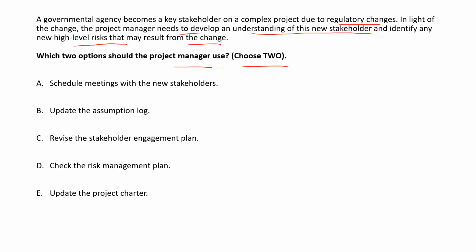Okay, let's understand it like this. When a new risk arises, you will update the risk management plan or risk register. This register, sir. Right? So this is wrong. Isn't it? This is wrong. And then, you are the boss who can change the charter? You have the authority?